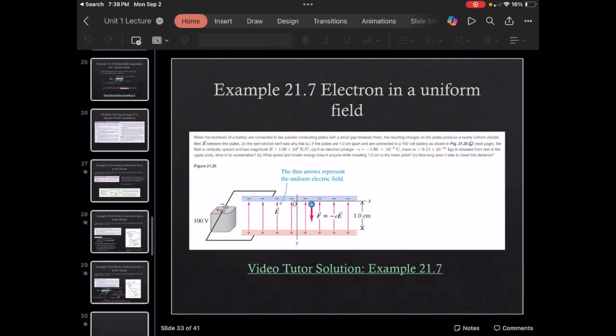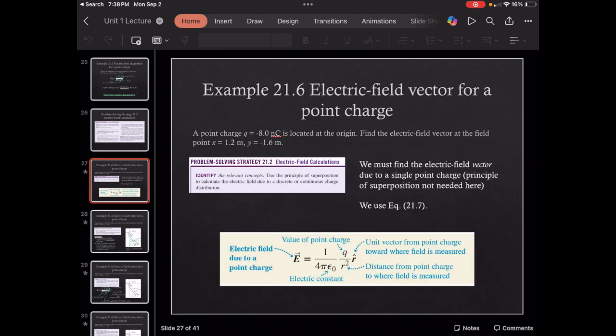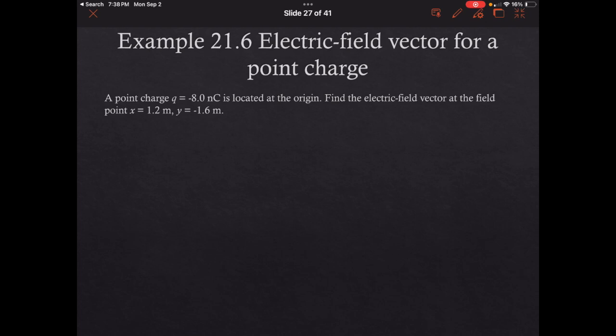Okay, I have the example done in animations, but I'll also upload a written version of this. So let's go through it now with the animation. This is example 21.6 in your book, and we're going to find the value of the electric field vector.